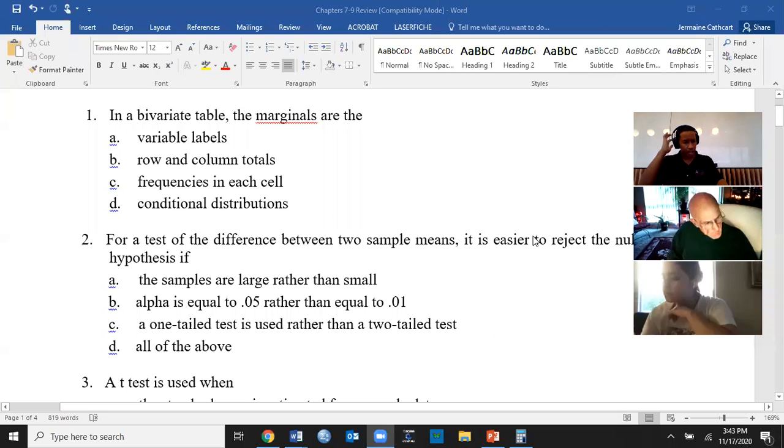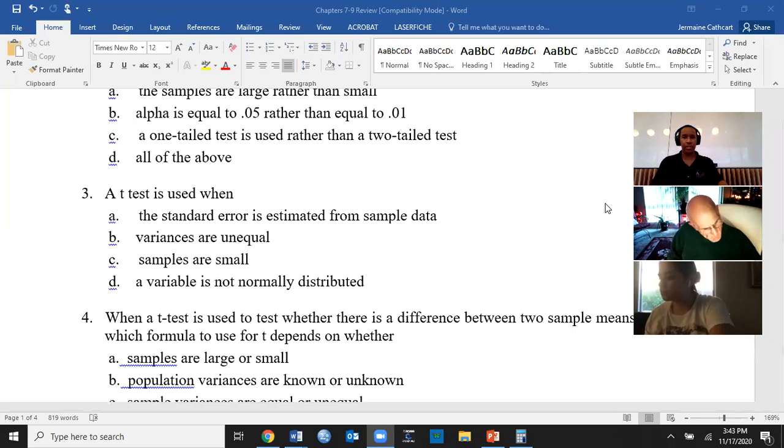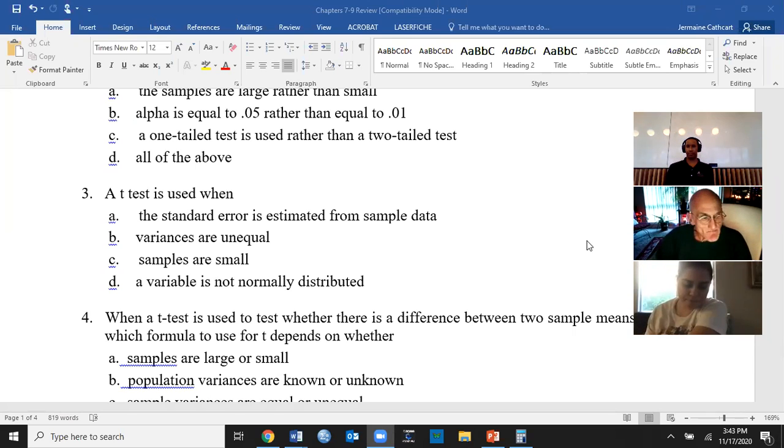All right. Three, a t-test is used when what? A t-test is used when what?